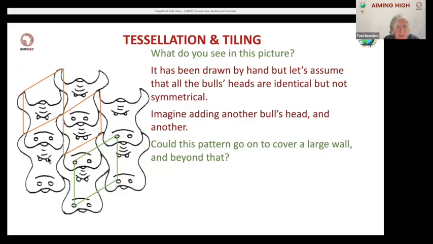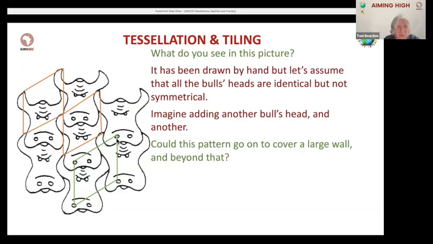And you can see the blue lines, the coloured lines help you to see the transformations. So there is a translation along these lines, and as you see, they join the corresponding points.